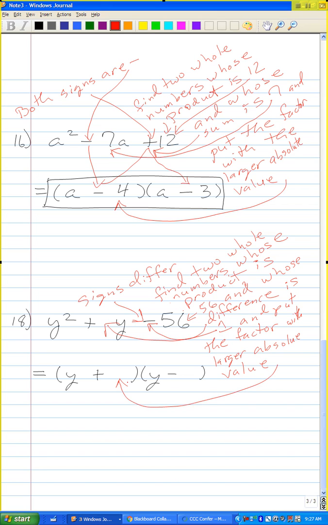Okay, so I want to find two numbers whose product is 56, 8 and 7, and whose difference is 1. So 8, 7. So again, drop down the plus times minus is minus. I want to find two whole numbers whose product is 56 and whose difference is 1. So 8, 7.